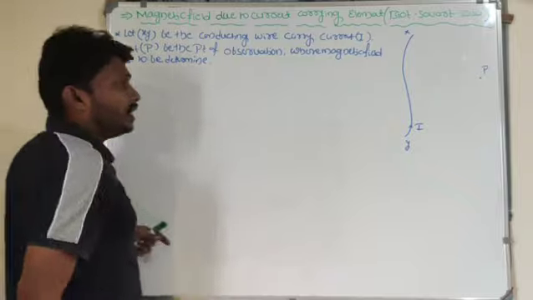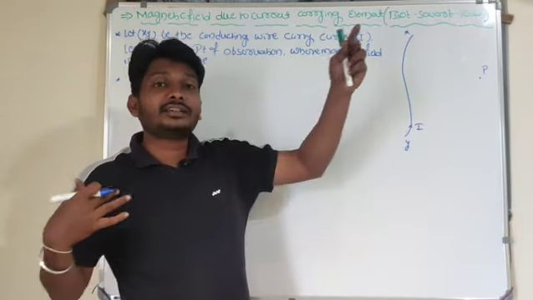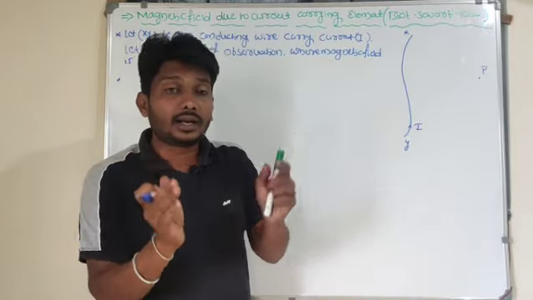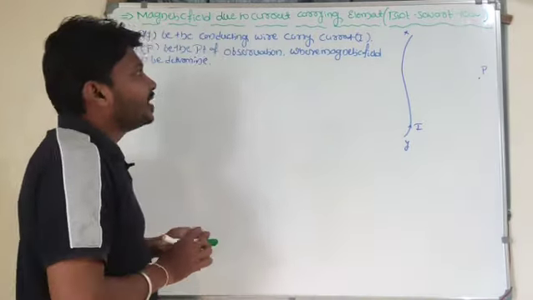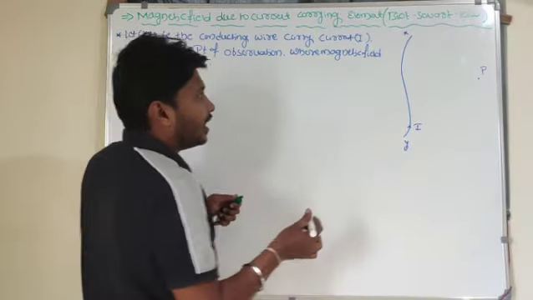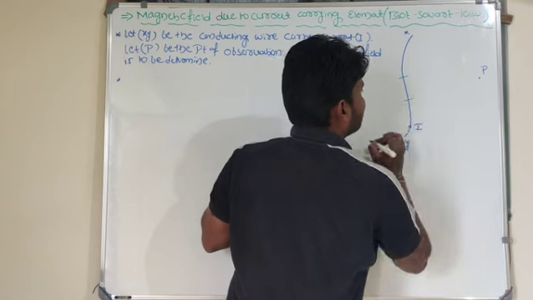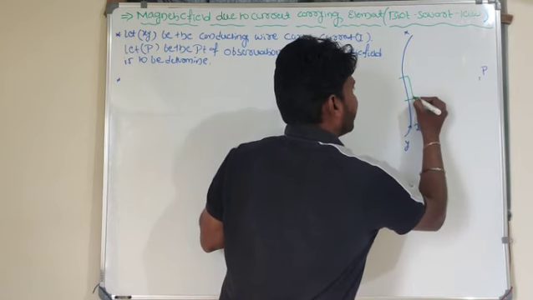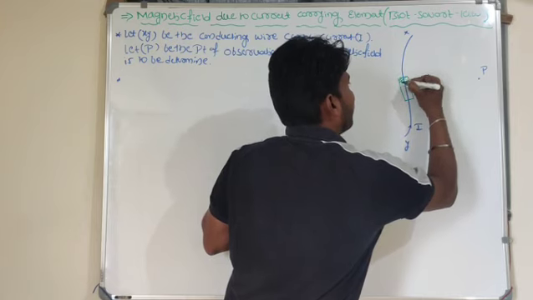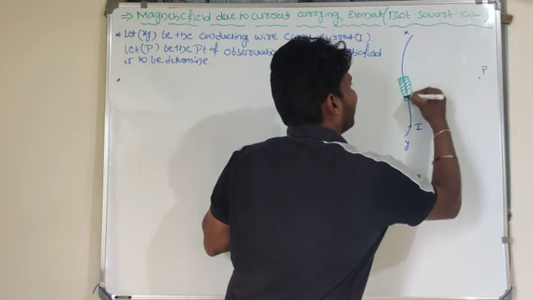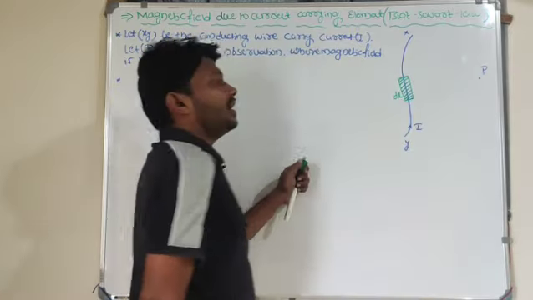Okay. In order to find the magnetic field at this point, I'm not supposed to take the entire conductor. In the entire conducting wire, I will choose one small length element. For example, this is the small portion I can consider. This small portion I can take as the length element. That length element, let it be dL.